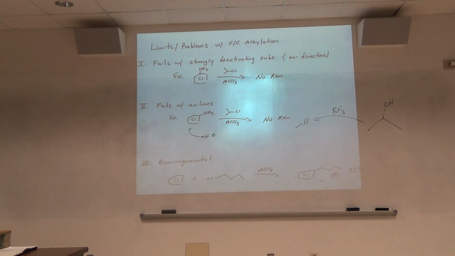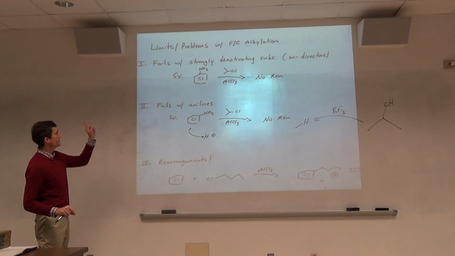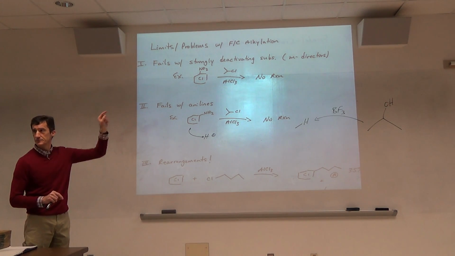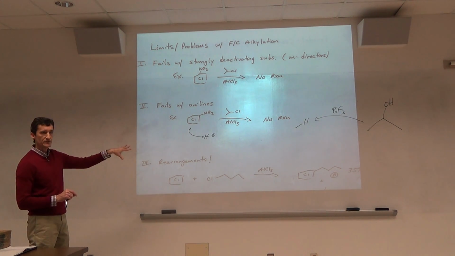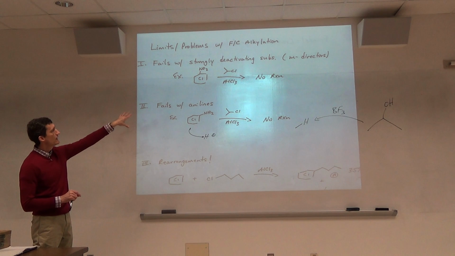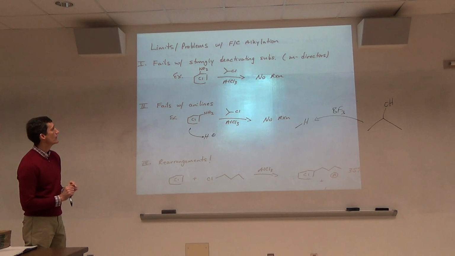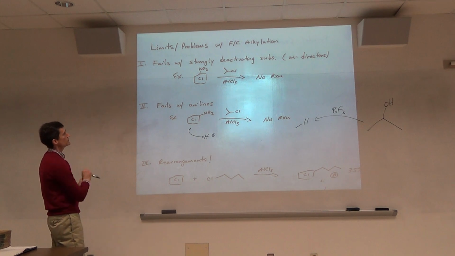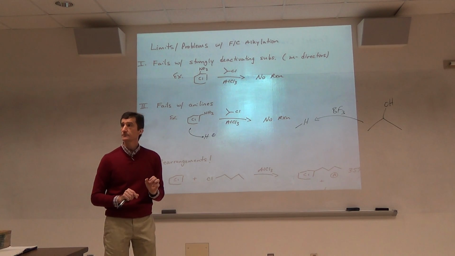Okay, the Friedel-Crafts has limitations. First limitation is it fails with strongly deactivating substituents. And because of such limitations, for us to understand that, that's why we had to first do the activation-deactivation. Friedel-Crafts doesn't work with strongly deactivating substituents. Which ones are your strongly deactivating subs?